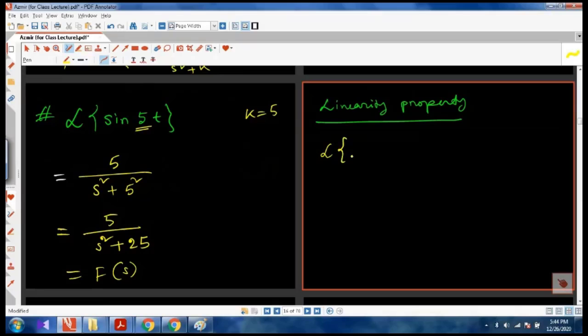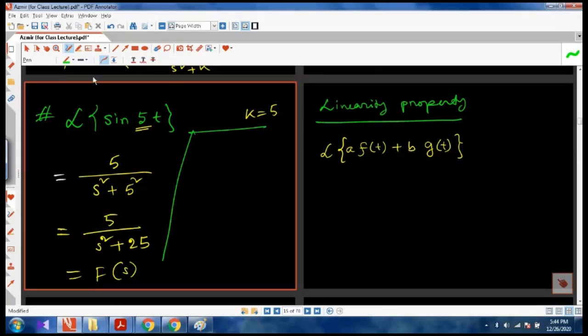Suppose we have the Laplace transformation of a f of t plus b g of t. So first thing first, we know that the Laplace transformation of f of t, what will be the result in short on the right side?